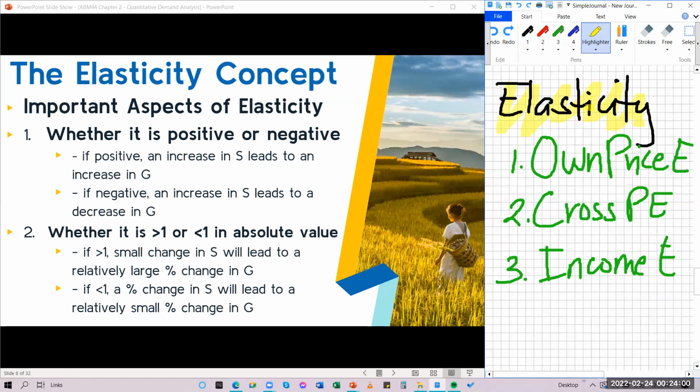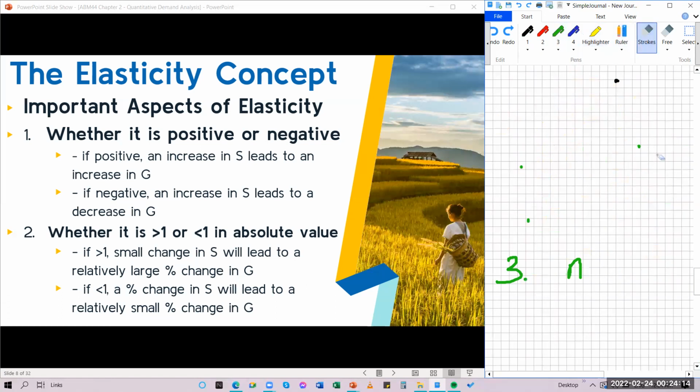So again, the three main types are own price elasticity, cross price elasticity, and income elasticity. Let's continue. First we will be talking about the own price elasticity of demand. From the word itself.